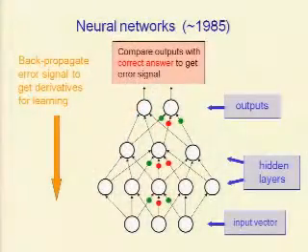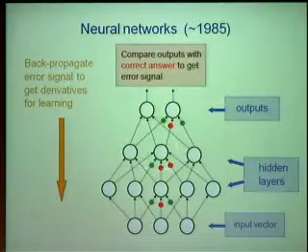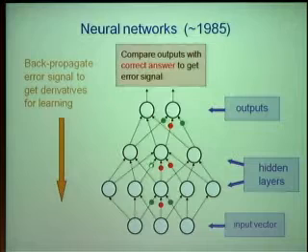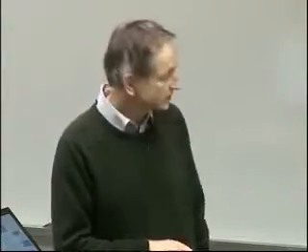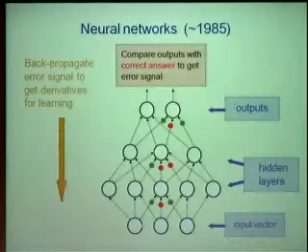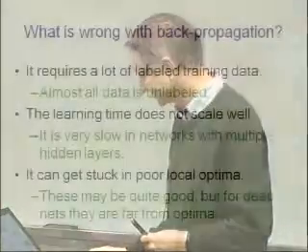Back in the 1980s, people invented the backpropagation algorithm. You have multiple layers of neurons, and you can learn the weights on the connections, and you can learn weights like this that determine what kind of feature detector this is and what kind of feature detector that is. And we thought we could now solve everything because we could learn multiple layers of nonlinear feature detectors. It was quite good for quite a few things, reading checks, for example, but it had some serious limitations.